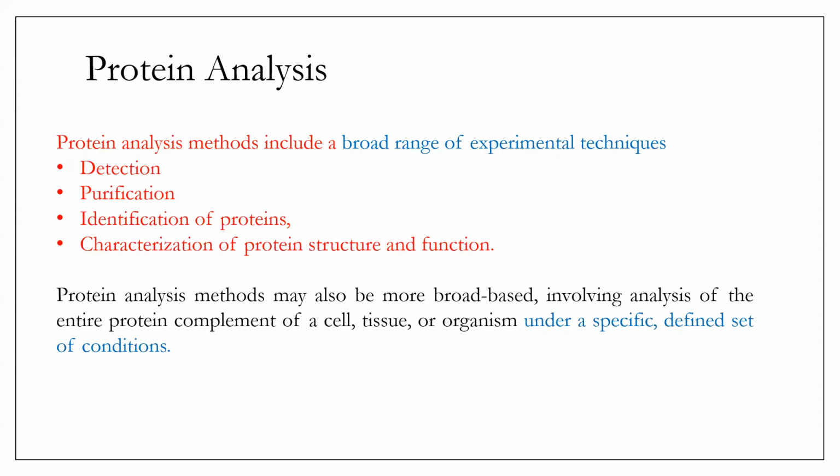After that has been done, you need to identify the protein. Identification can go simultaneously with isolation and purification also. And after the identification comes the characterization. Characterization is very important when we want to know the protein structure and function.